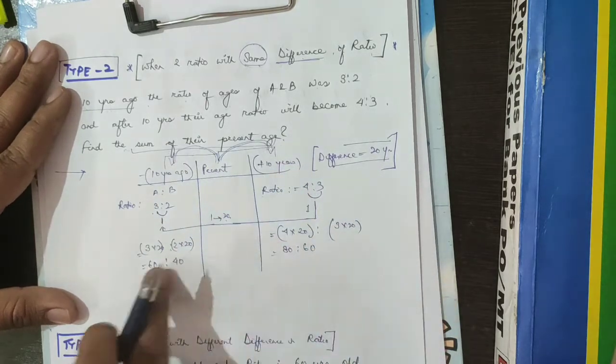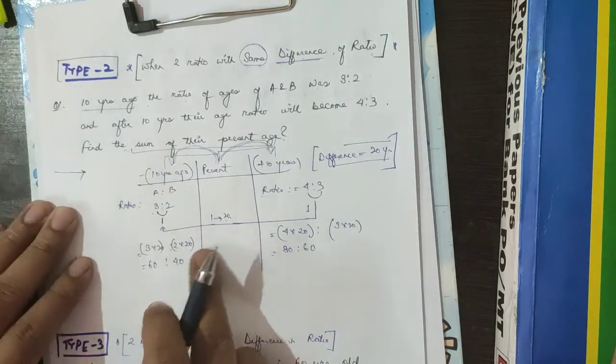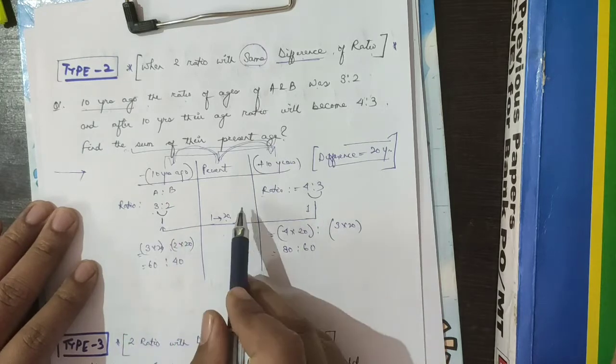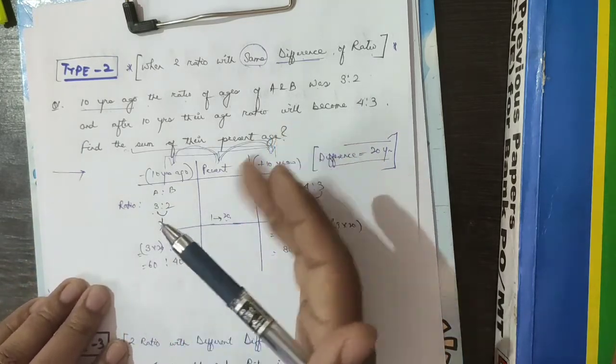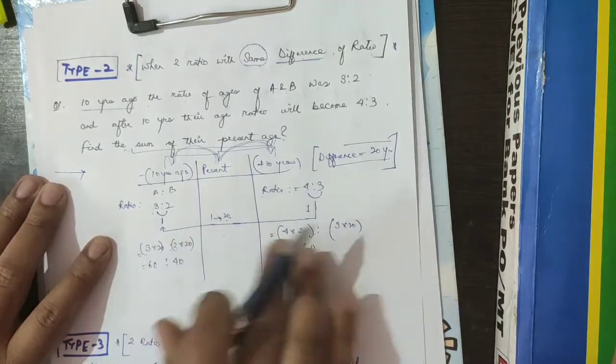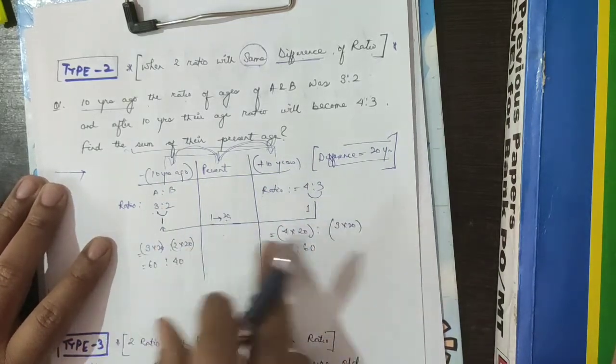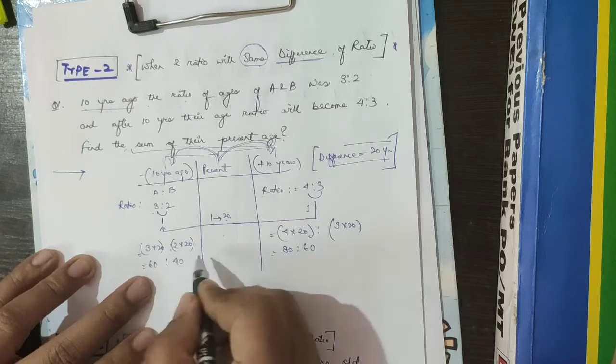So you can find the answer by solving from here or from here. If you don't want to waste your time, you don't need to find both answers. You can just do it from the present.